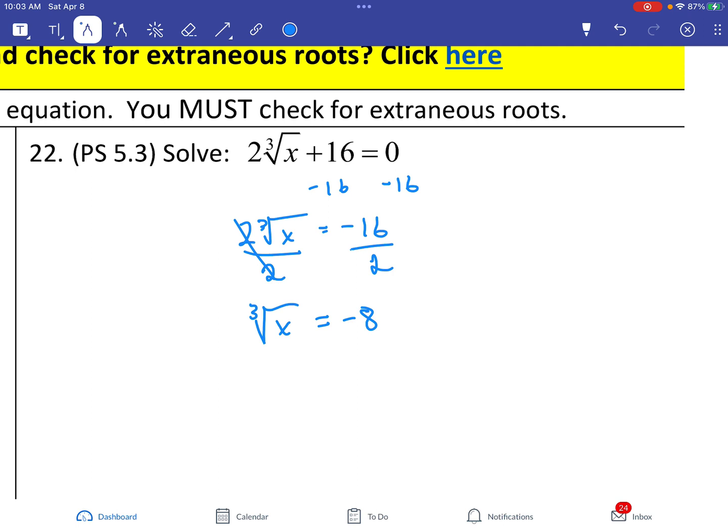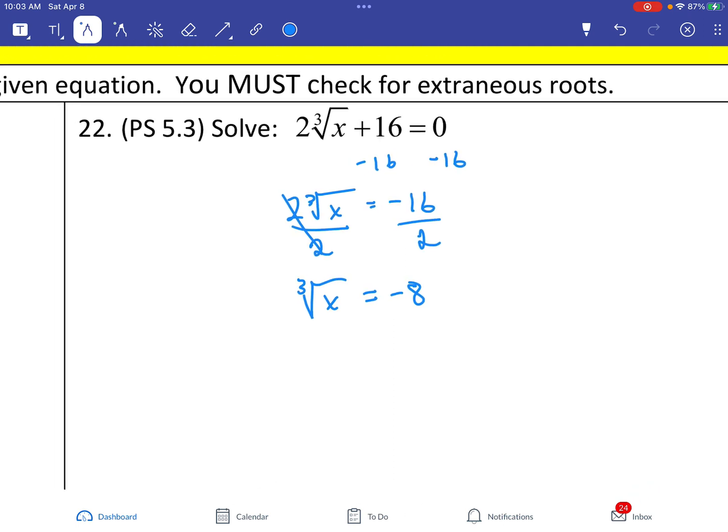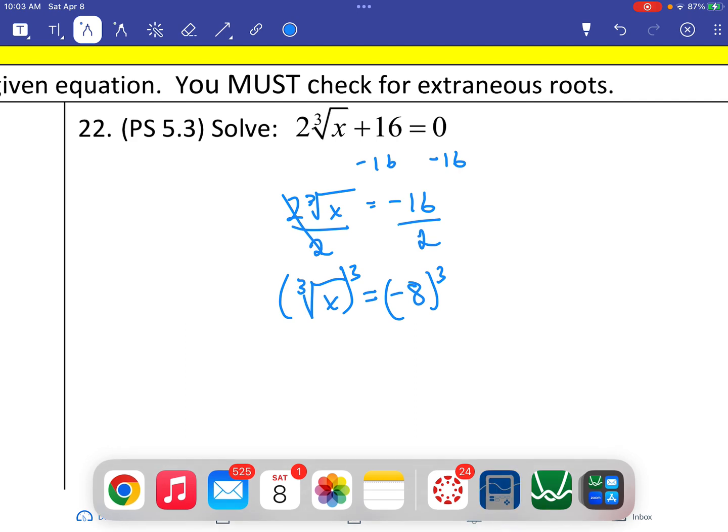Now you might be thinking this is just like the last problem, this is no solution, but that's not the case. Okay, the last problem we had was a square root, and a square root or an even degree, or an even radical can never equal a negative number, but an odd degree radical can. Okay, so if I were to cube both sides of this, I'm going to need a calculator to do that, because I don't know negative 8 to the third.